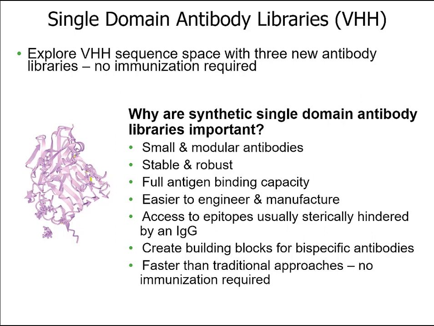And oftentimes, because of their smaller nature, they're able to access epitopes that might be sterically hindered by a larger IgG framework. And because, again, we're using synthetic libraries, we might be able to get to sequences that bind specific targets and epitopes much, much faster than immunization approaches.